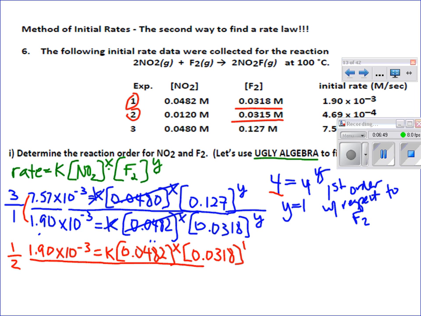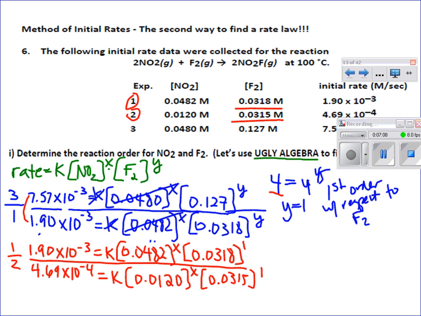Divided by experiment 2, 4.69 times 10 to the negative fourth equals k times 0.0120 to the x times 0.0315 to the first. Well, the k's cancel. This has to cancel because I chose 2 experiments for that reason.